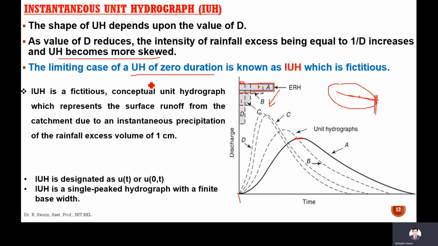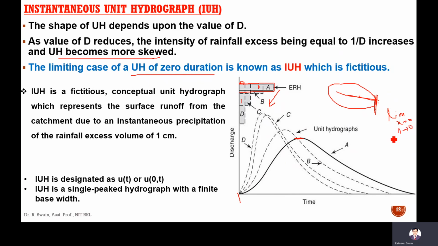This limiting case means limit, like limit x tends to 0, okay, the mathematics. The limiting case of UH of zero duration means limit of D tends to 0.